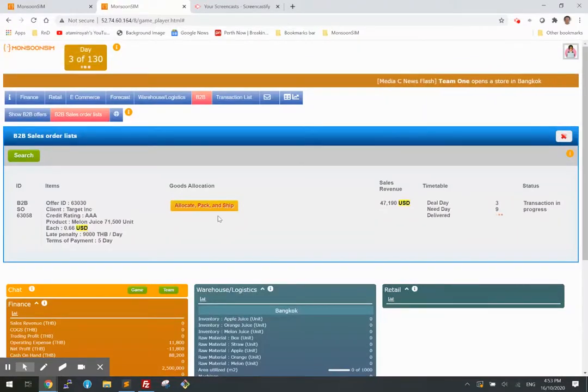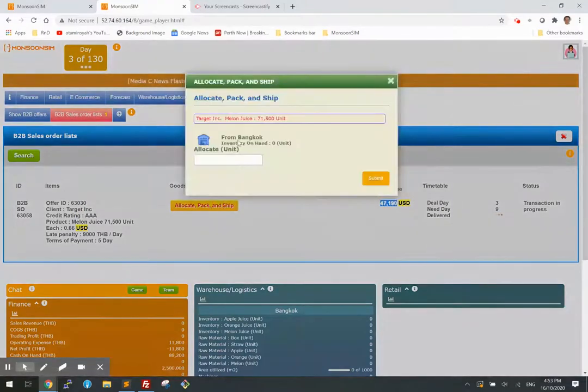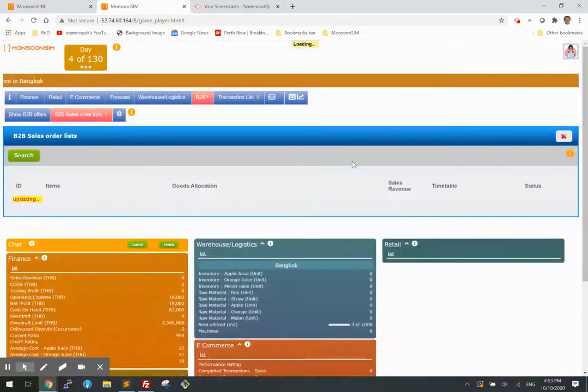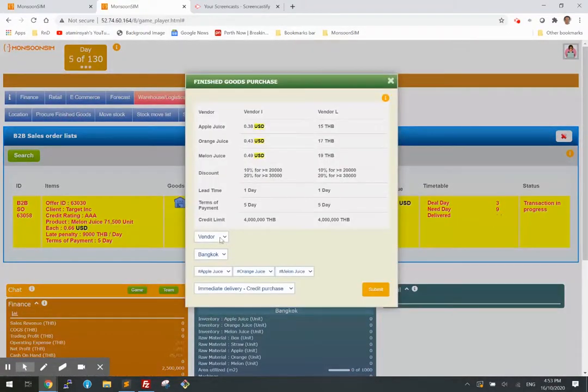Okay, I got it. So this is the amount that I stand to gain. I'm going to allocate it out of Bangkok, 71,500 units. So I'm going to buy from a local vendor, ship to Bangkok. I'm going to get melon juice for, let's say, 80,000. That should be enough. I'm going to use cash.